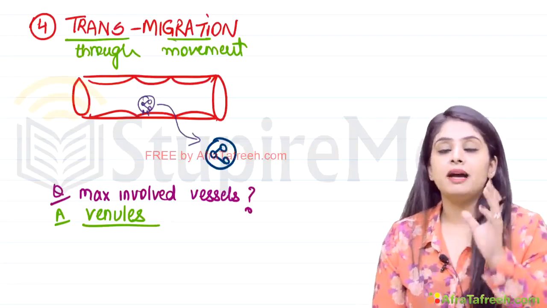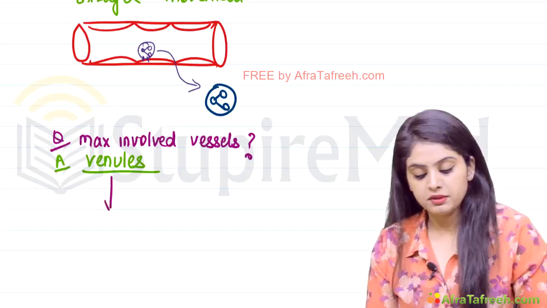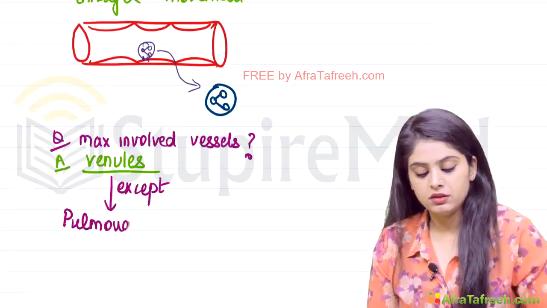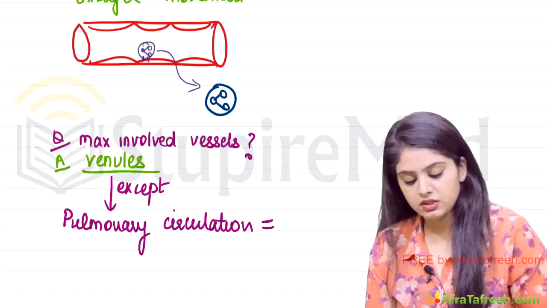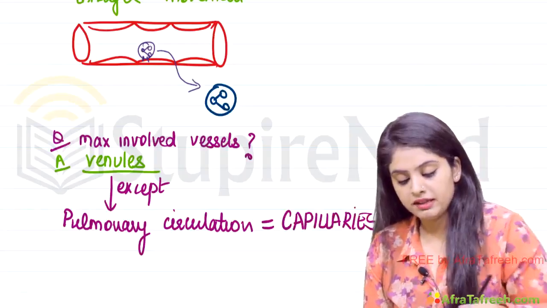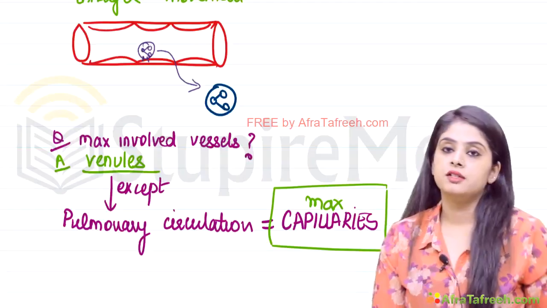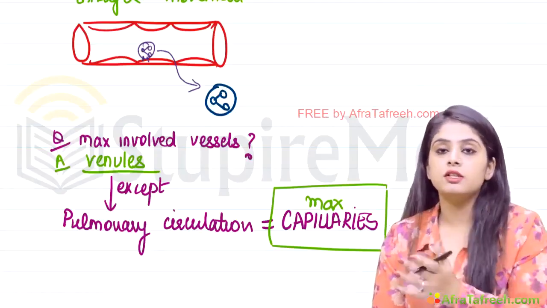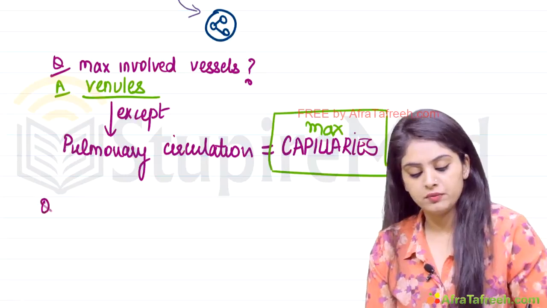So everywhere in the body, maximum transmigration will be seen in venules, except in the pulmonary circulation, where maximum transmigration is seen in the capillaries. So overall, always it is venules, but for the lungs, for the circulation in the lungs, it is capillaries. What is the next question that is put up?